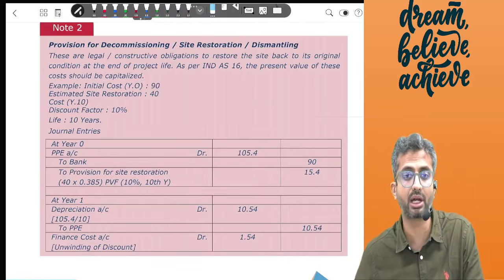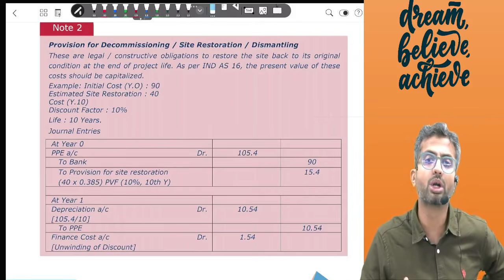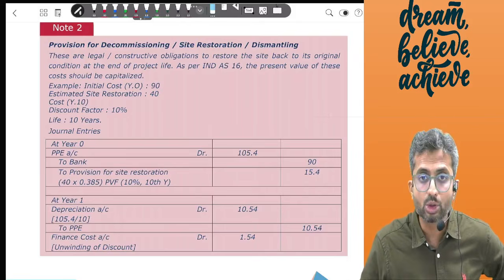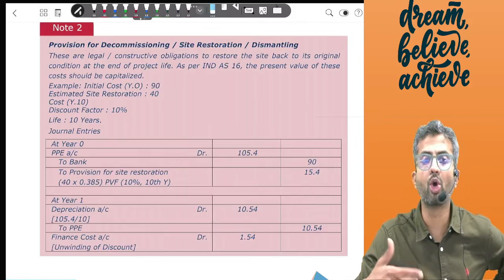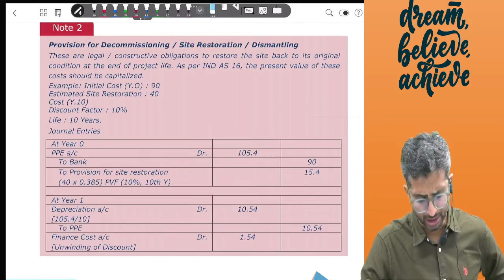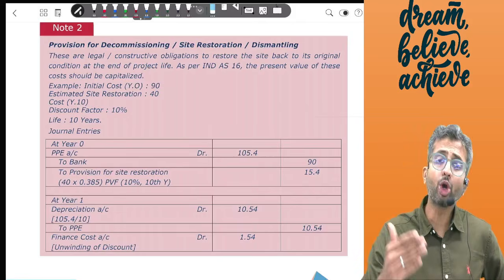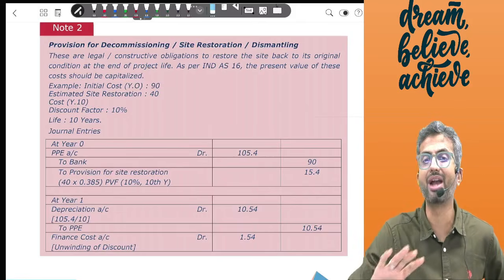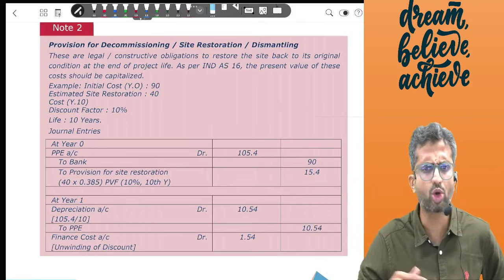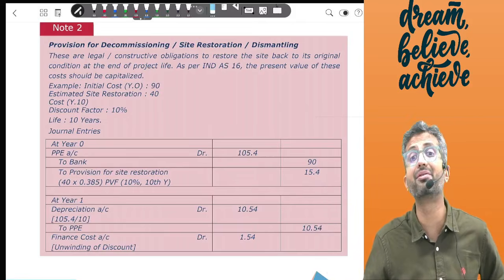So your provision has to be credited, but something has to be debited. So what will you debit? Will you debit the PPE? The answer is no. Why? Because the additional amount beyond 15 rupees that you are paying is not because of the asset. It is because you are getting 10 years to pay it. If you had to theoretically pay the entire amount today, you would not have paid 40. Probably today you would have paid 15 rupees.